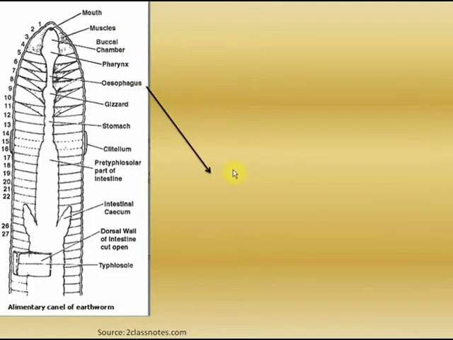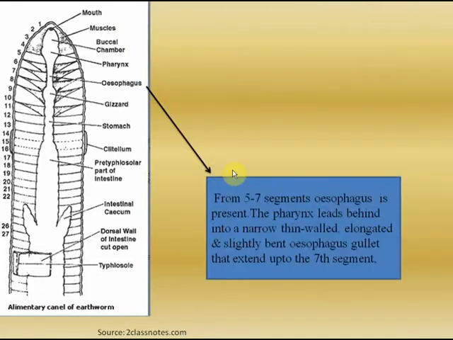Now, esophagus. It is present in 5 to 7th or 8th segment. It is a narrow tubular part that connects pharynx with gizzard. So esophagus connects pharynx with gizzard.